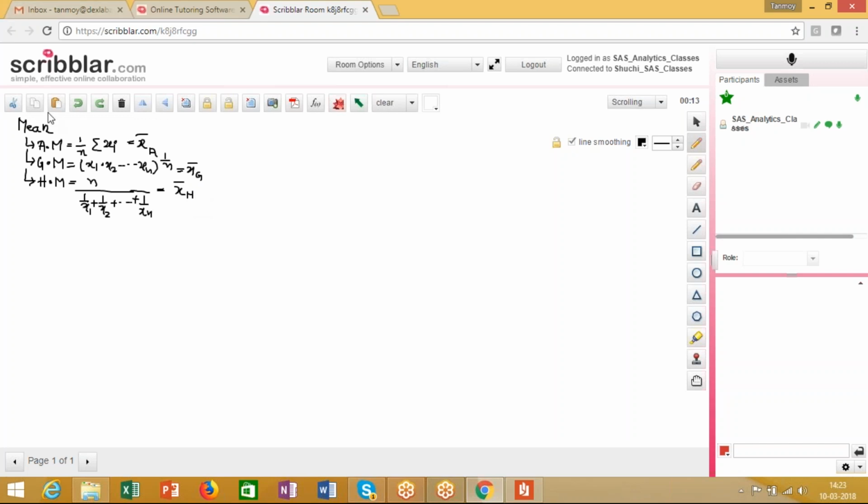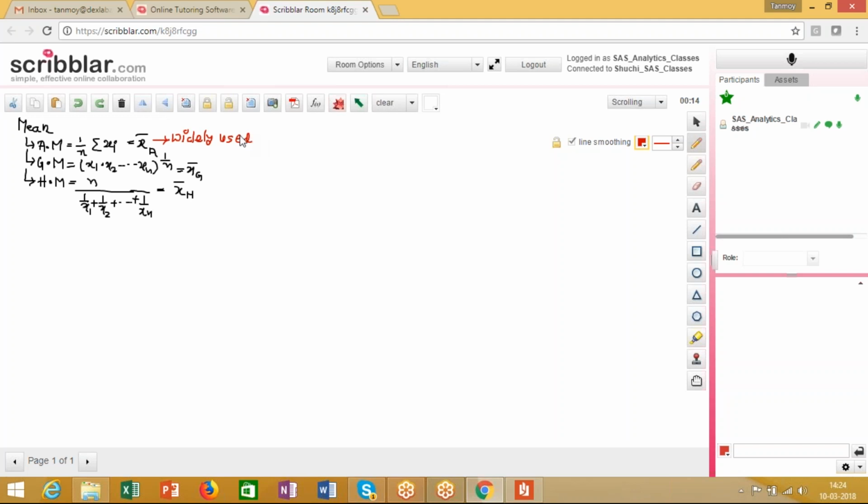There are certain cases where arithmetic mean may not be a very effective measure, but still it is the most widely used measure of central tendency among these three groups of means. Now, the reason is why.